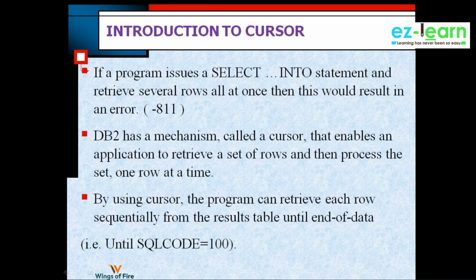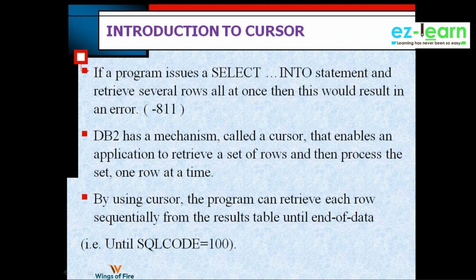If a program issues a select into statement and retrieves several rows all at once, then this would result in an error like -811. DB2 has a mechanism called a cursor that enables an application to retrieve a set of rows and then process the set one row at a time.